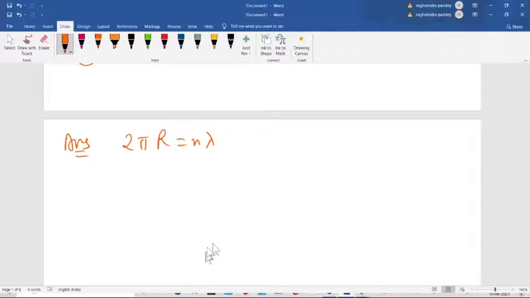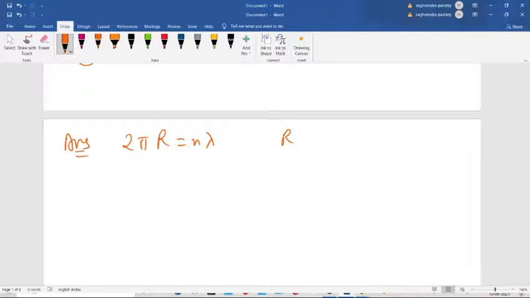We did this so many times. Here n is any whole number 1, 2, 3, 4, then only it will fit in the circumference. So that circumference is equal to n lambda. Always read the PDF.